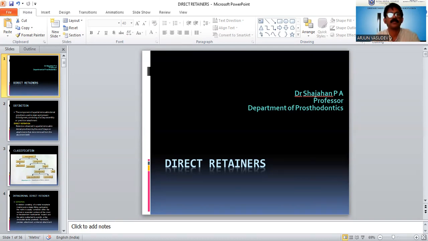But there are some disadvantages. It has more tooth contact and tooth coverage, so it can lead to decalcification. It might alter the morphology of the abutment because the occlusal table of the tooth can be altered by increasing the components in the extracoronal area.